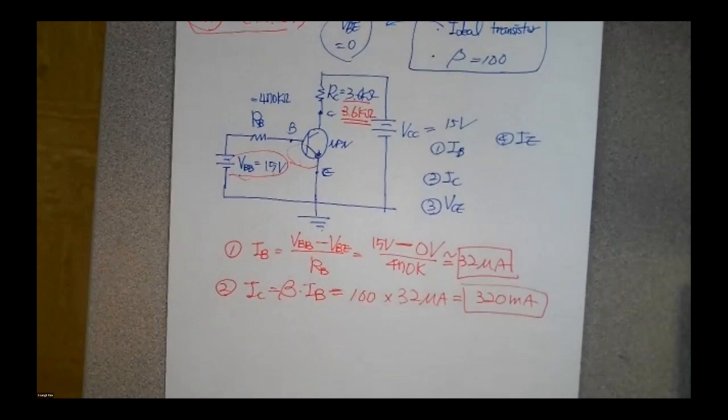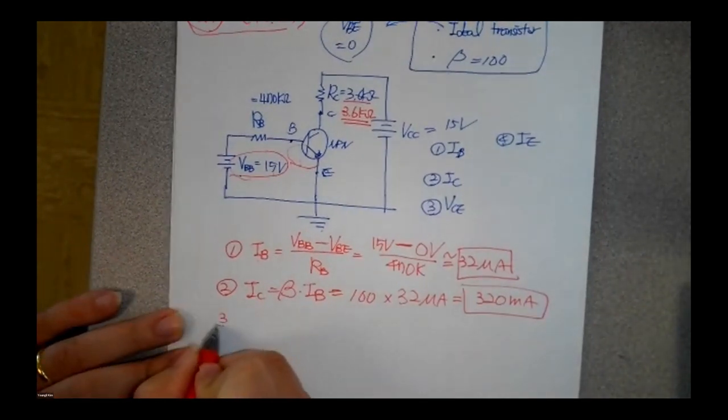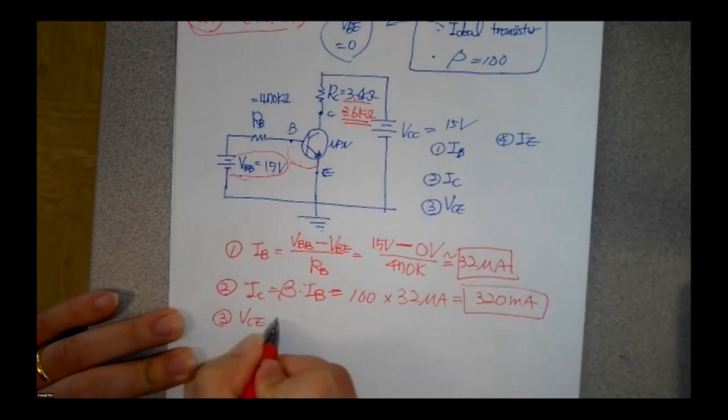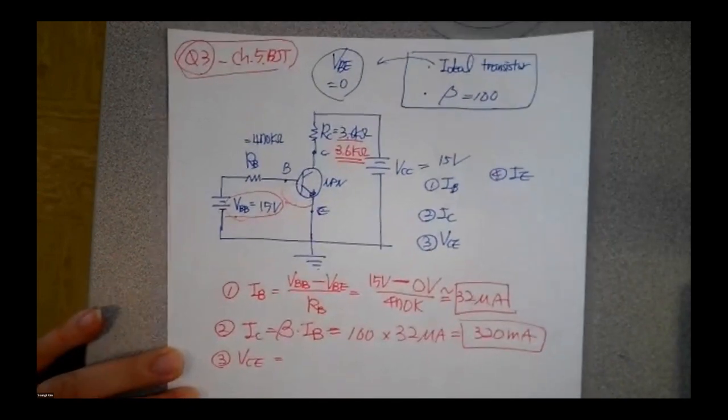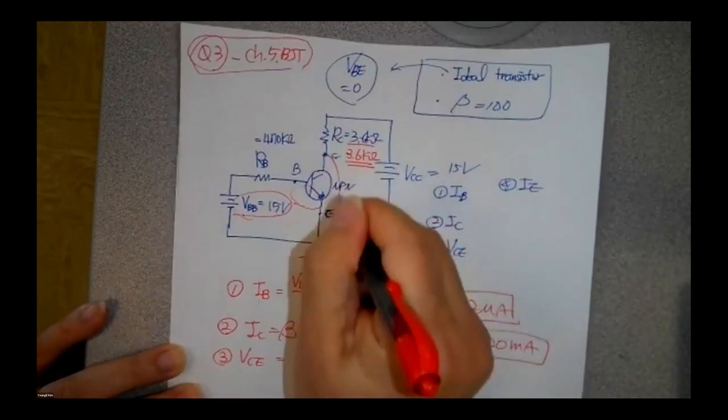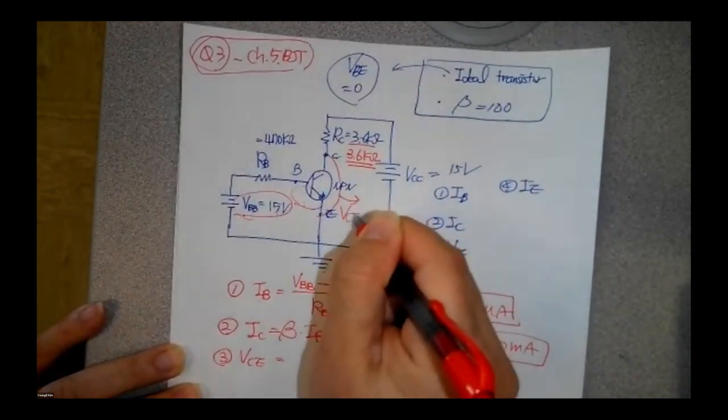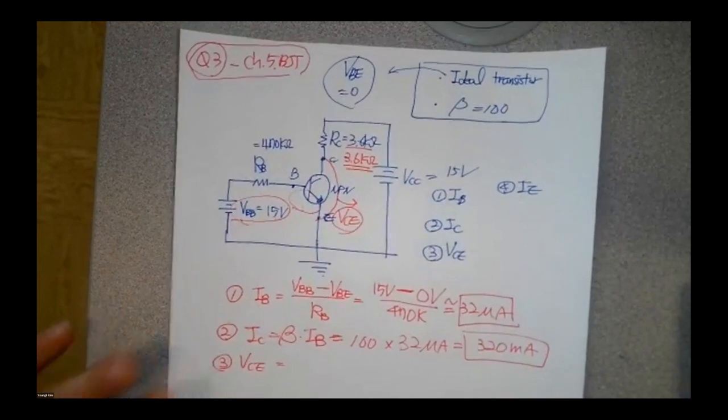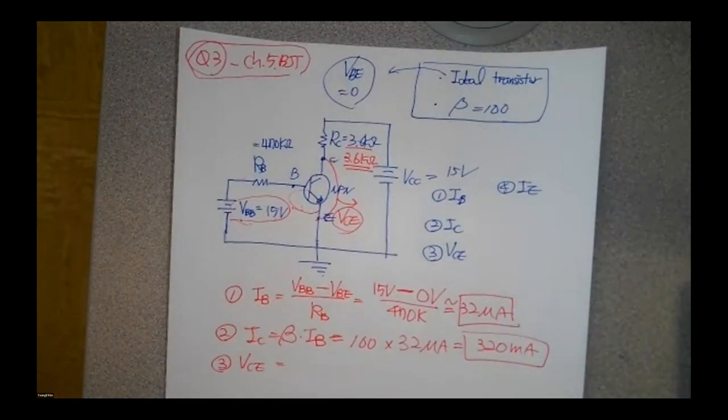And then the third one is V sub CE. For V sub CE, go back to the circuit. That is V sub CE.